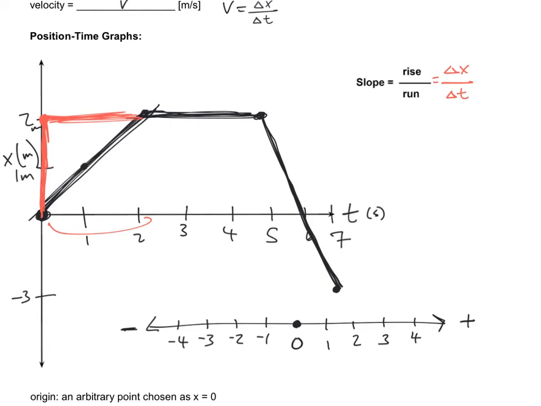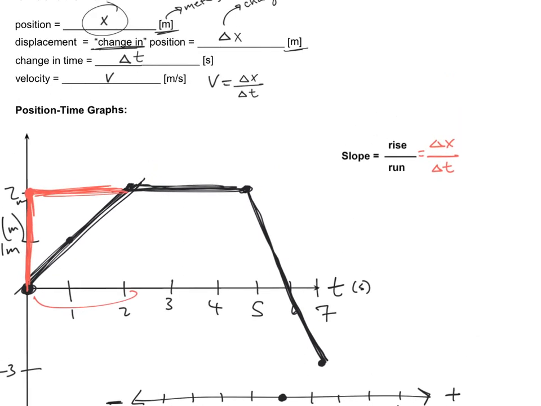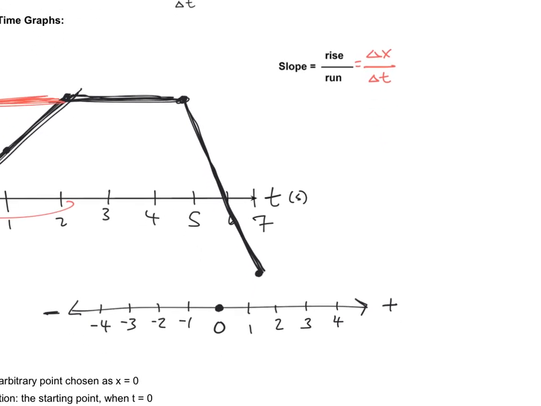Your slope is delta x over delta t, which looks suspiciously similar to something else up here. It's the velocity equation. So what we're getting at here is that slope equals velocity for the position time graph.